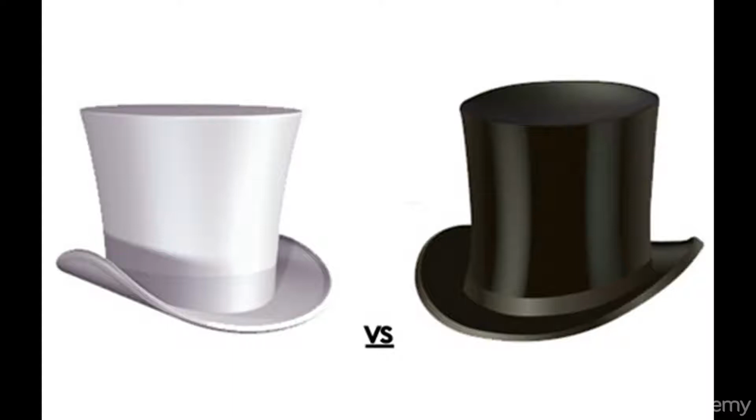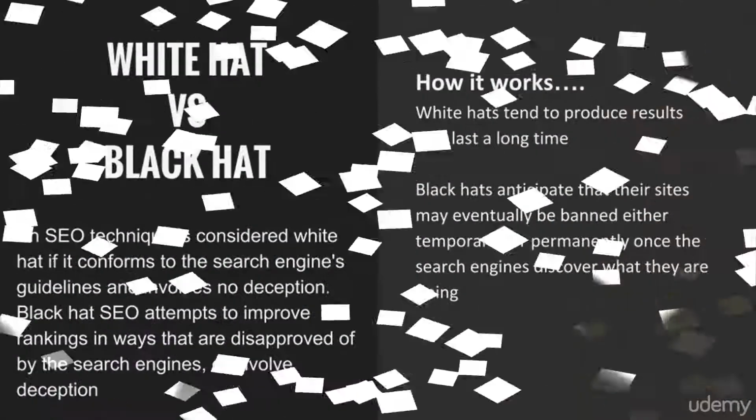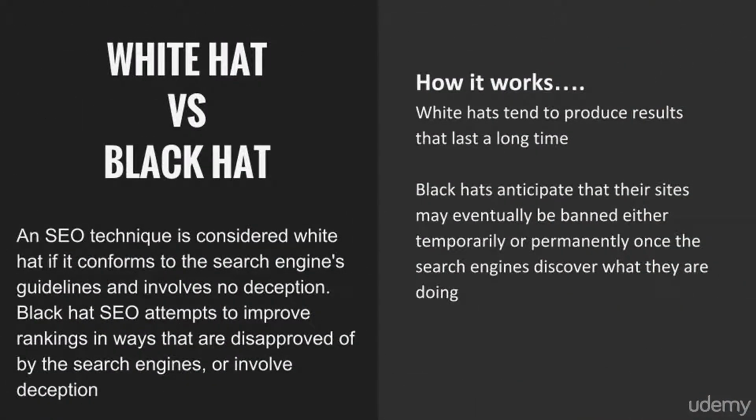When it comes to black hat, we're going to talk more about different black hat techniques as we go through the course, and generally black hat is stuff that we're going to be telling you through this course to avoid. Usually black hat should be left to very experienced SEOs, and there's quite a lot of risk involved with going black hat.